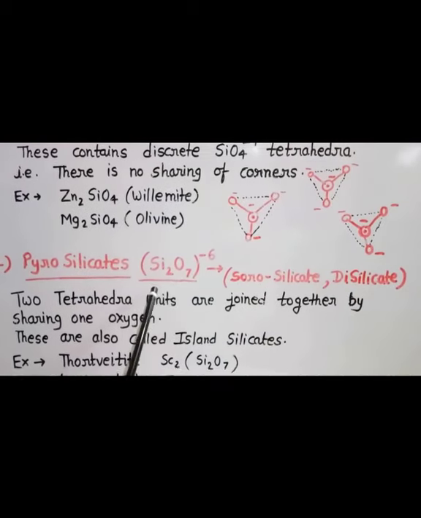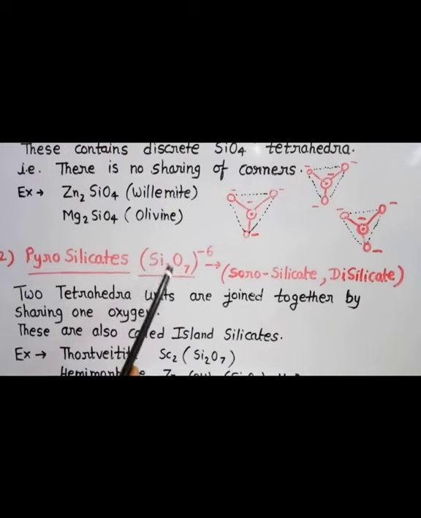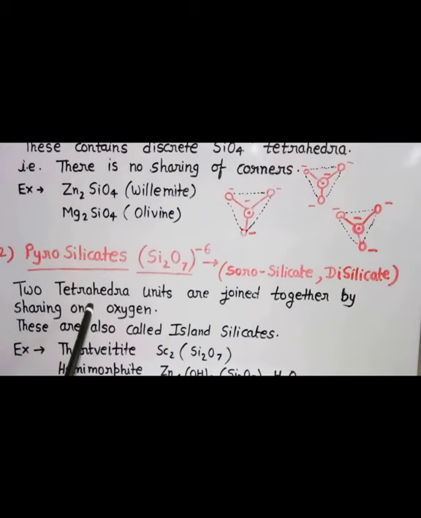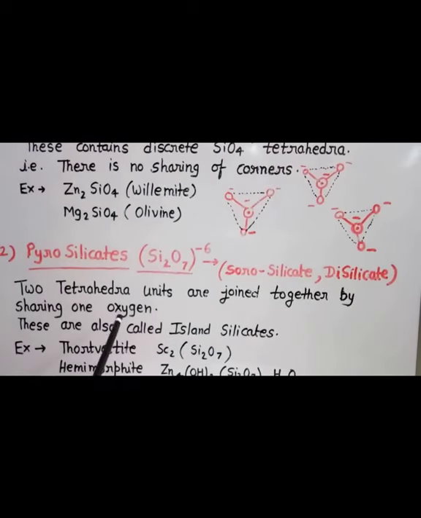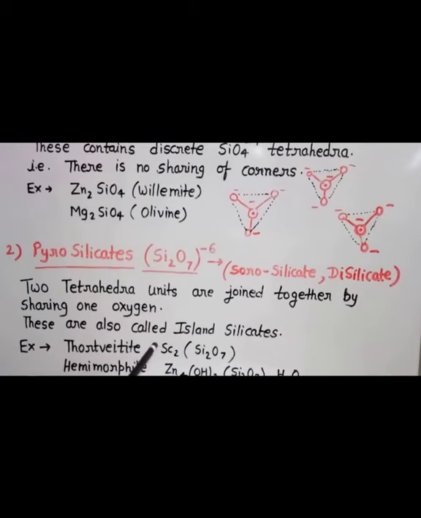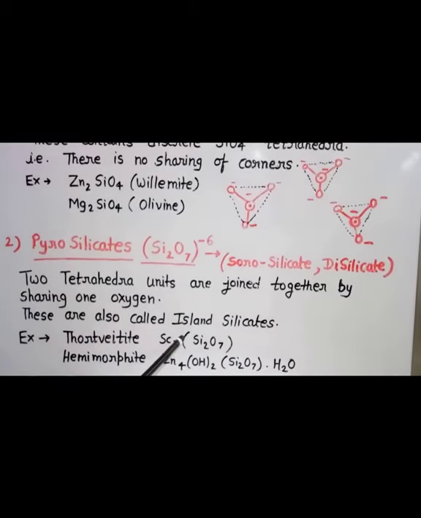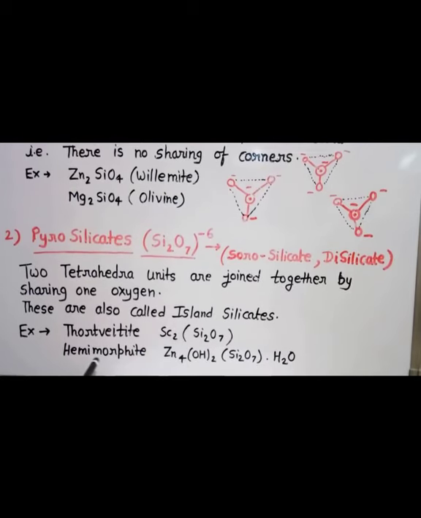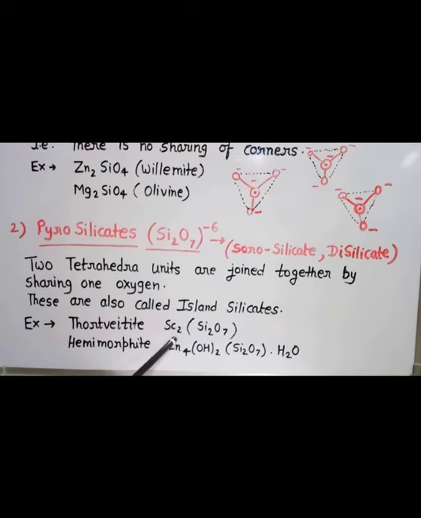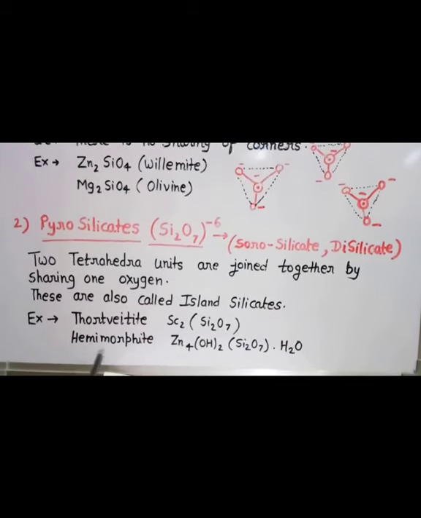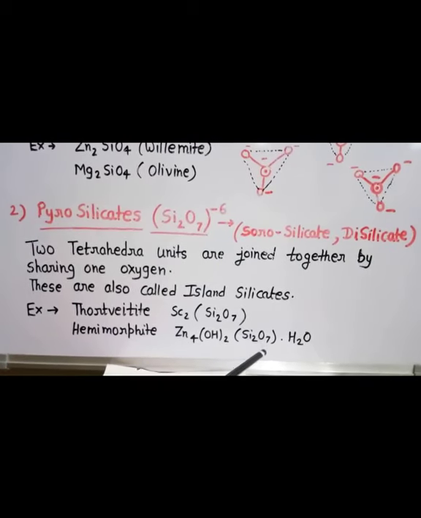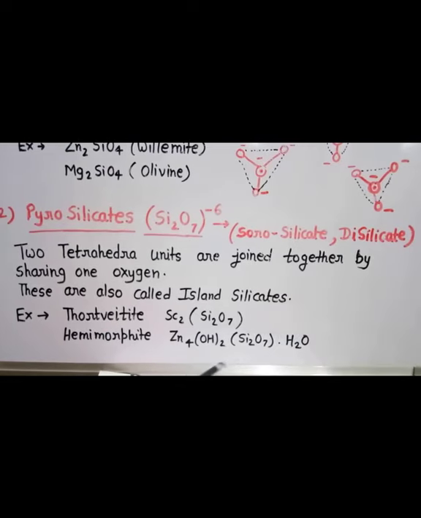Ortho means only one SiO4 4- unit, but here in pyro, two SiO4 units join together with the help of a central oxygen atom. So these are formed by joining two SiO4 4- tetrahedral units by sharing one oxygen atom at one corner.